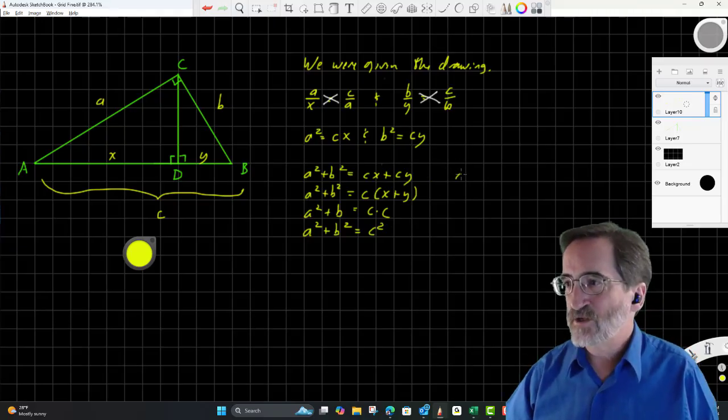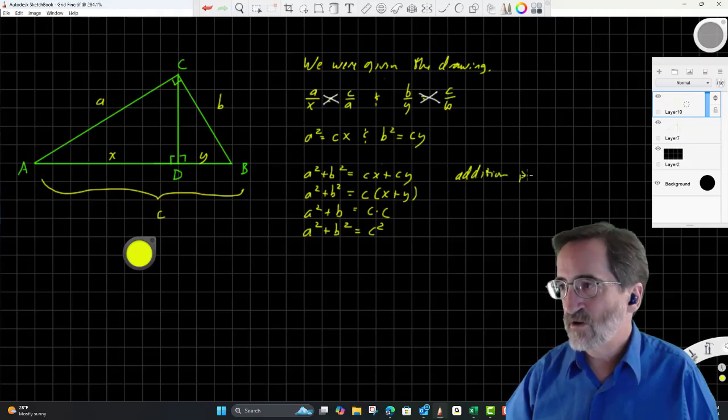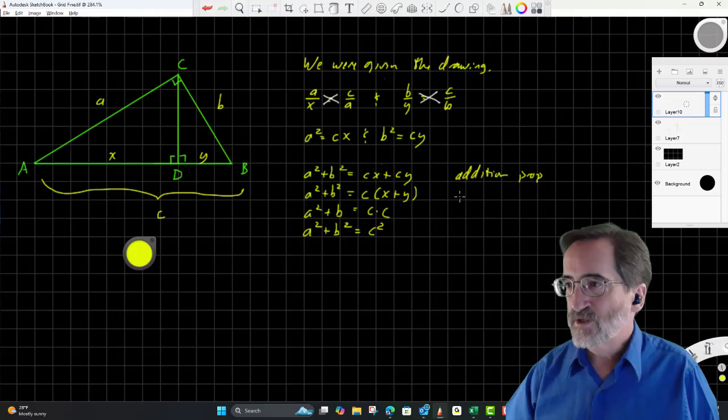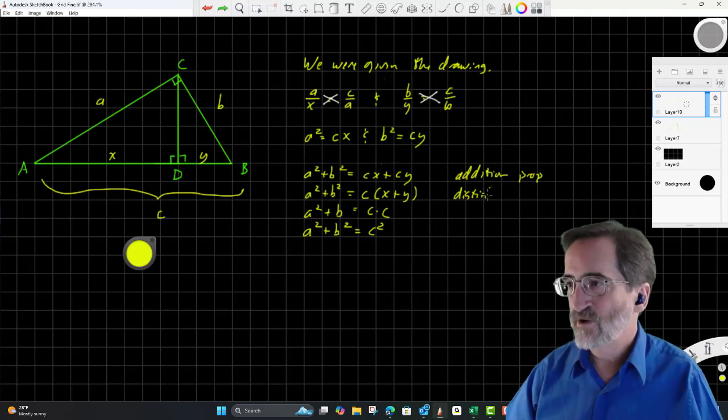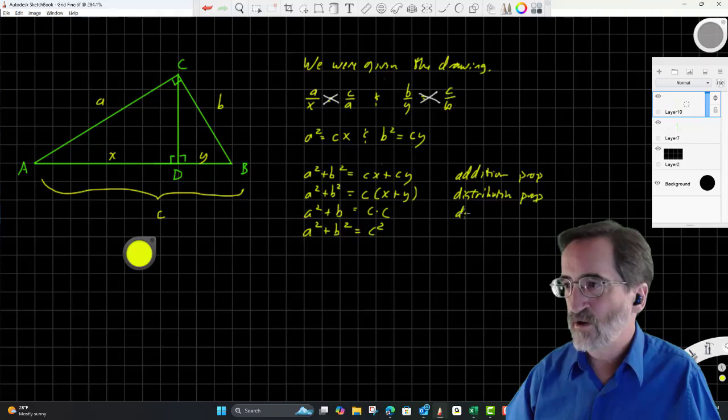This was by addition, the addition property of equality. This is by the distributive property, which is factoring. Okay, and this is by multiplication or squaring, the definition of squared.